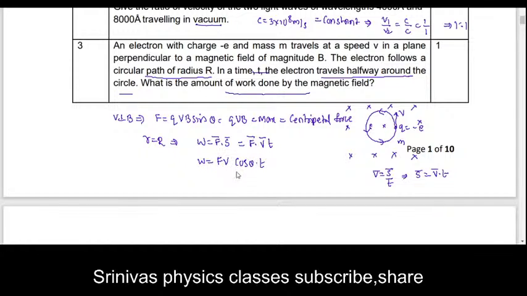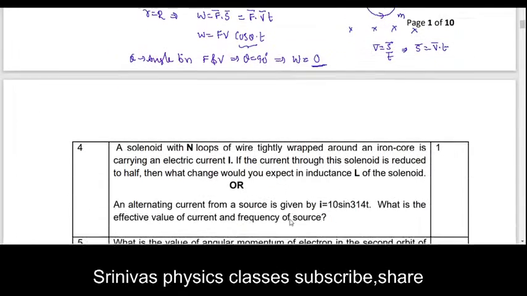Here theta is the angle between F and V, and that theta is 90 degrees. How much work are we getting? You can answer: work is 0 because cos 90 is 0. Clear, third question? Right, let us go for the fourth question.